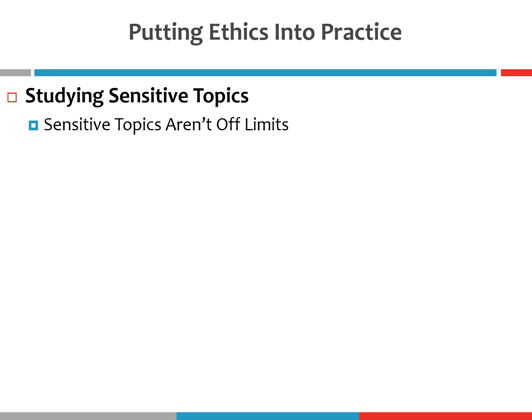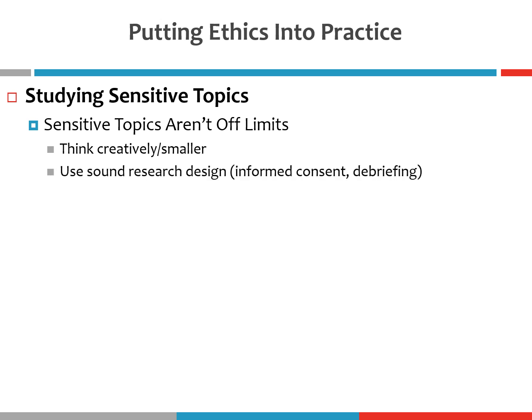We just have to be somewhat creative when we're designing laboratory studies that investigate these topics. And we also typically have to investigate them on a smaller scale. So let me show you some examples.